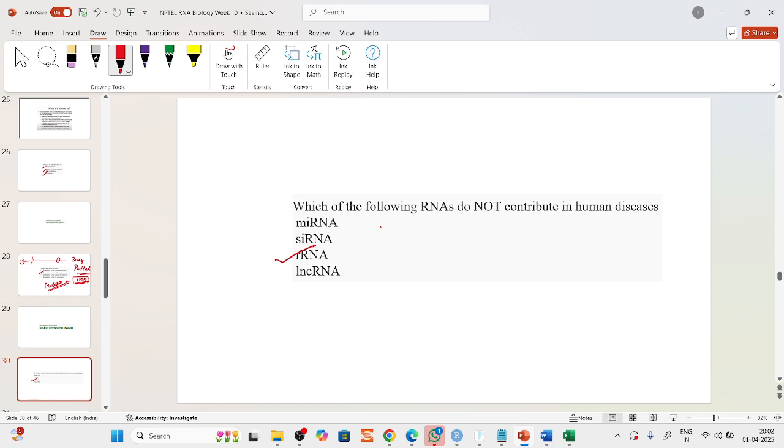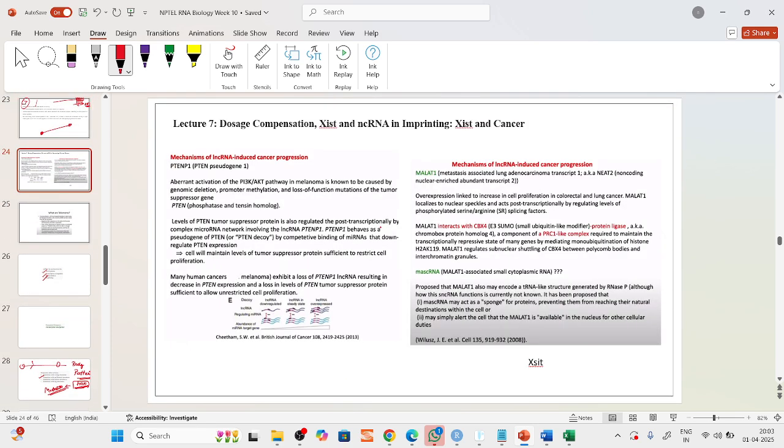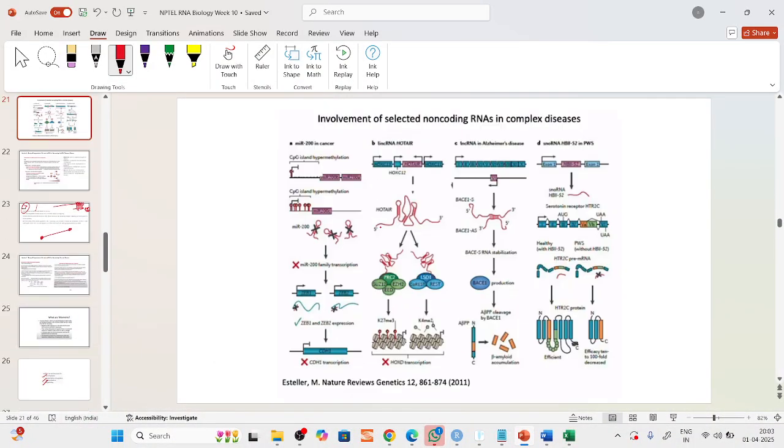Whereas when we talk about miRNA, siRNA, LNC RNA, which is a long non-coding RNA, these are involved in the regulation of various phenomena which ultimately translates to diseases like cancer. We were studying many kinds of neurodegenerative diseases, also genetic diseases. This non-coding RNA is involved in cancer. So many diseases are involved.